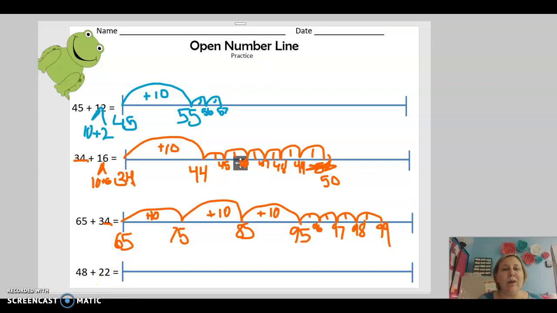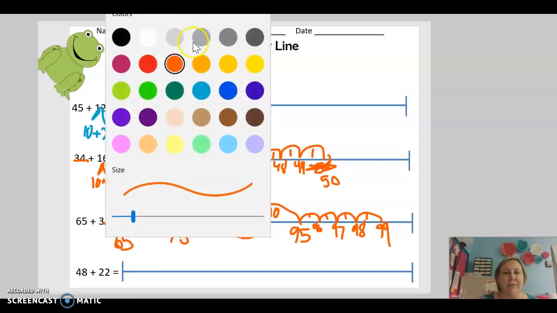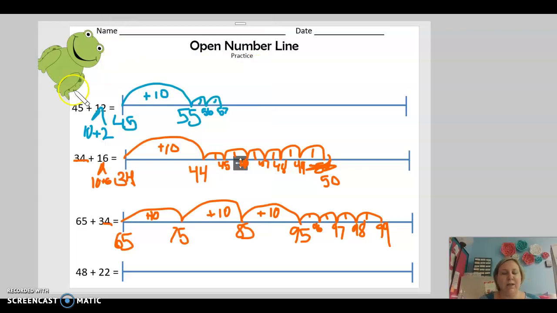Let's do one more before you do it all by yourself. You guys ready? I'm going to just do it in black. So, first thing I have to do is write down the number I'm starting on. 48 is where I am going to start. I have to add 22. So I'm going to do 2 hops of 10 for my 20. So here's 1 hop of 10.